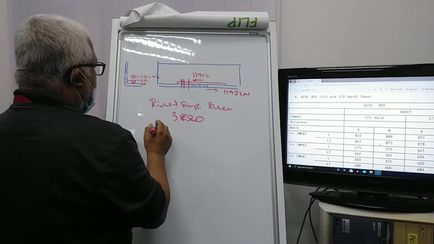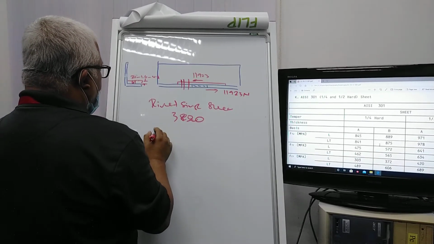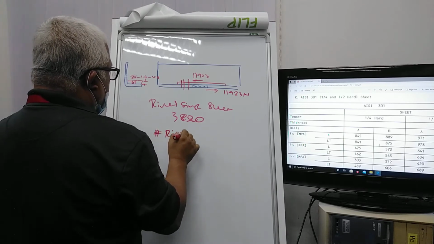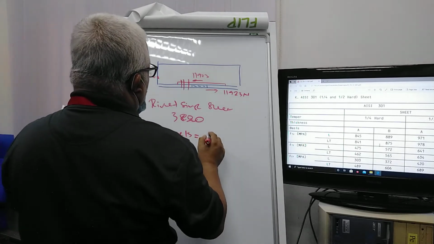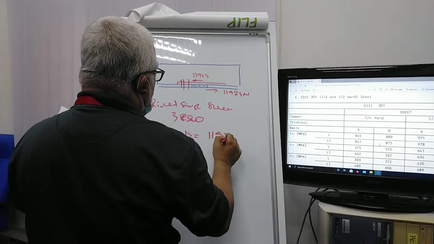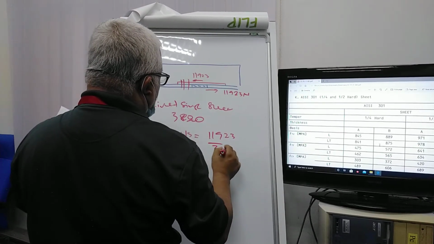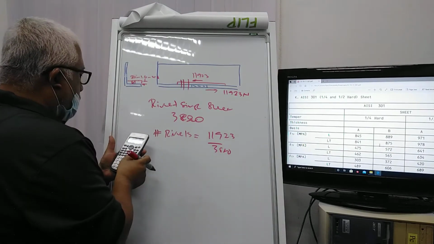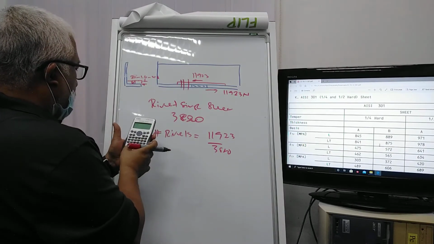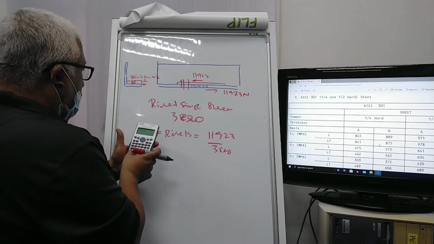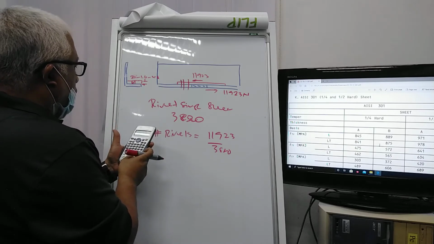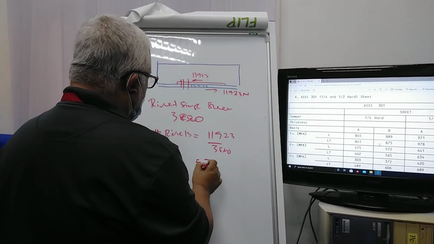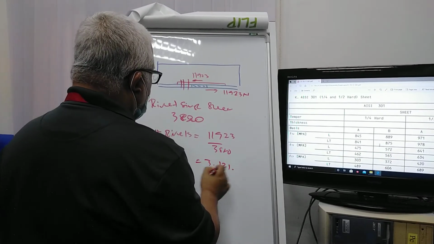The simplest way to do it is to divide to get the number of rivets: 11,923 divided by 3820, you get 3.121.